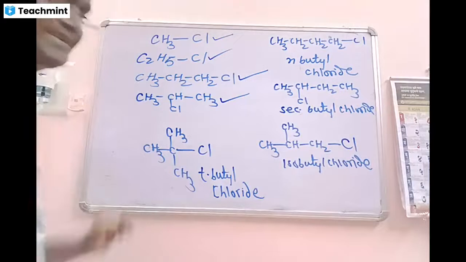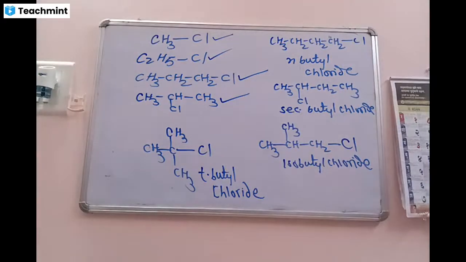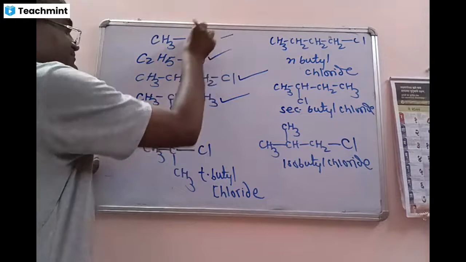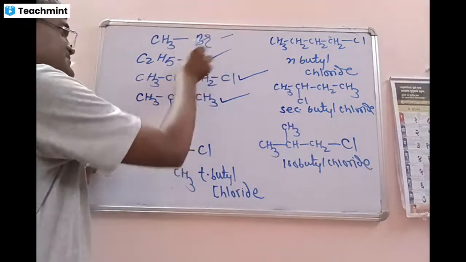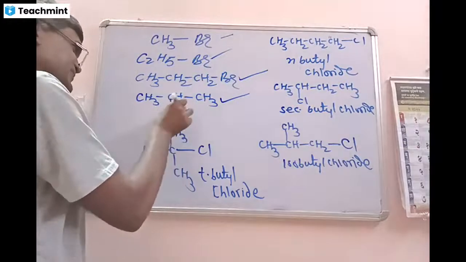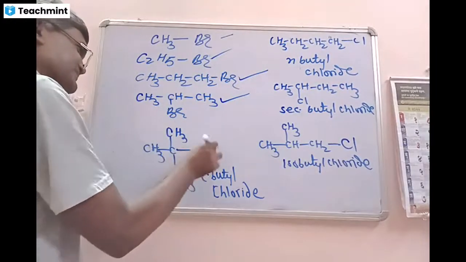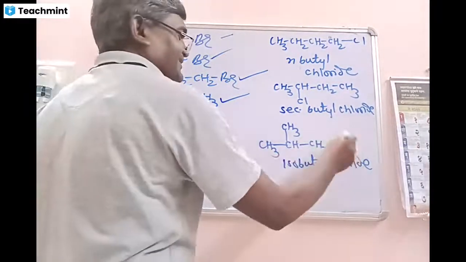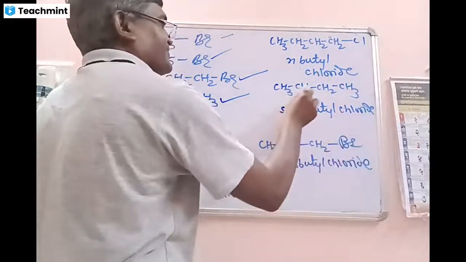Now in these 8 compounds, if you replace Cl by Br, then what should be the names? Bromide. कितने हो गए? 16. Right? Yes. Okay.